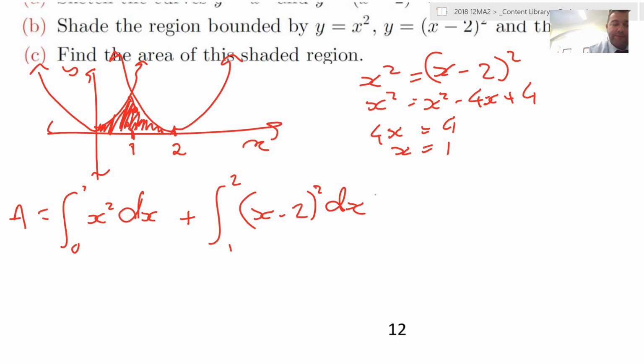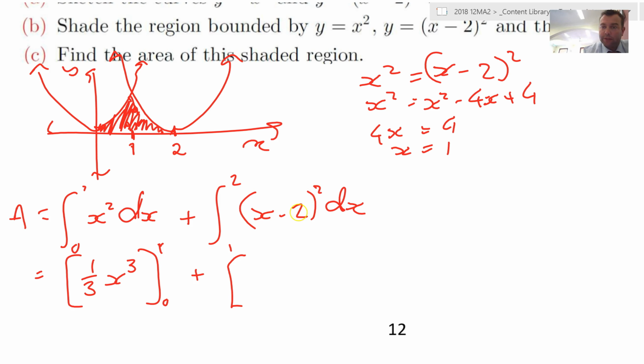Those two areas added together equal one third x cubed between 0 and 1, plus, now we expand that out and get x squared minus 4x plus 4, so we have one third x cubed minus 2x squared plus 4x between 1 and 2, and then I substitute in there.